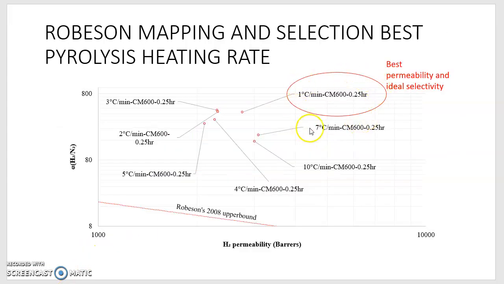And again, the performance result is mapped onto the Robeson plots, and instantly we can identify that the 1 degree per minute heating rate produces better balanced performance, although as indicated earlier, carbon membrane produced with 10 degrees per minute has highest hydrogen permeability.